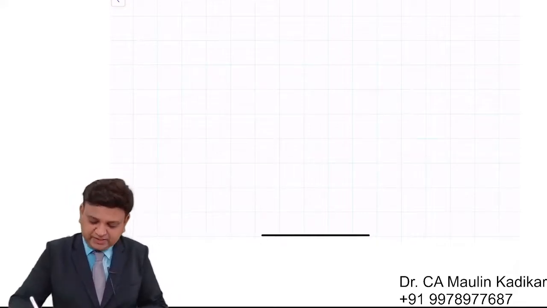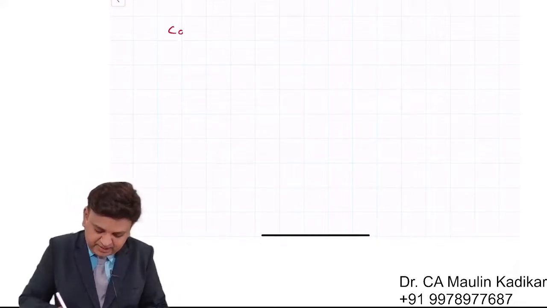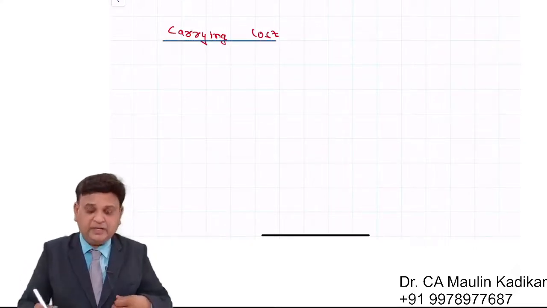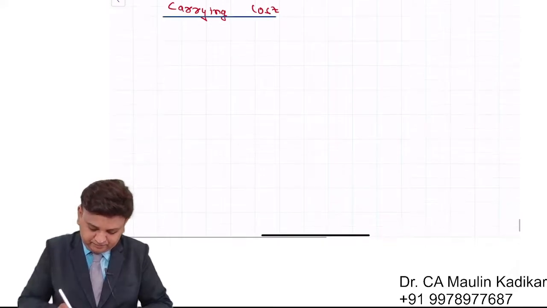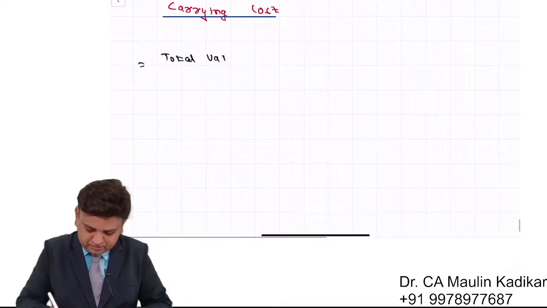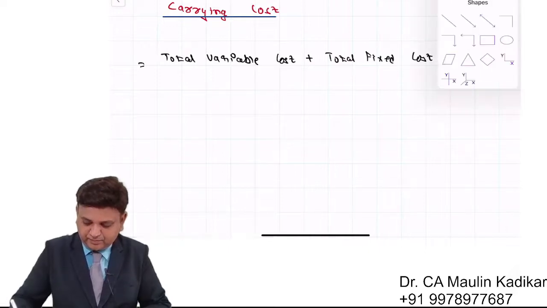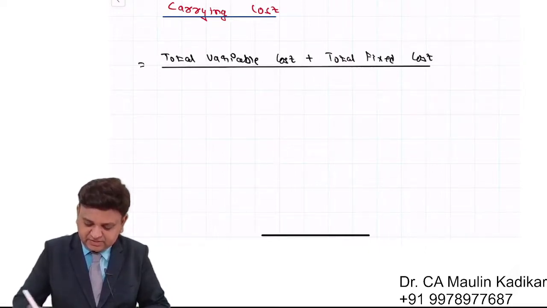I request all of you to write down the answer along with me. Heading: write down carrying cost. In that, write down total variable cost plus total fixed cost, divided by 365 days.